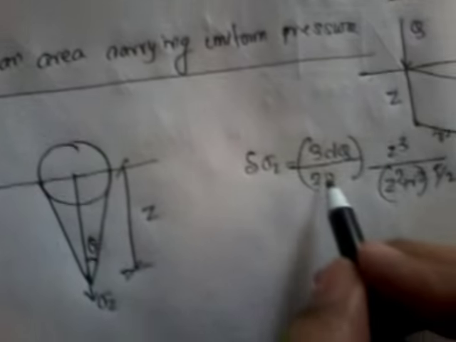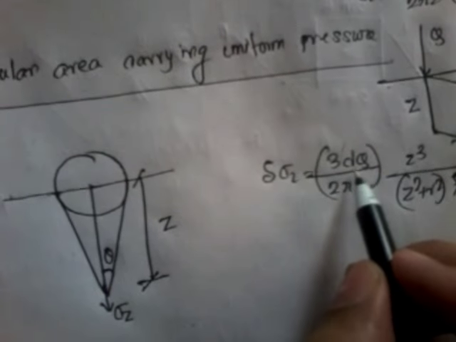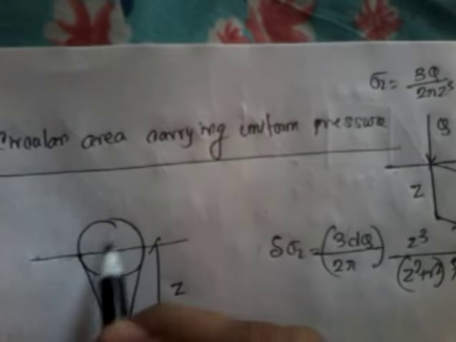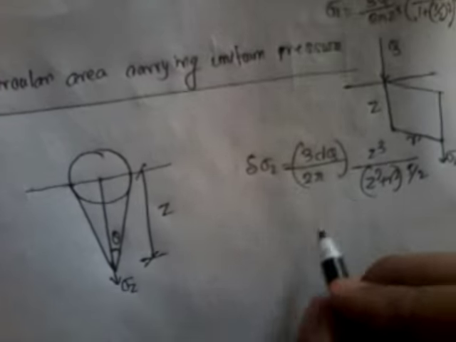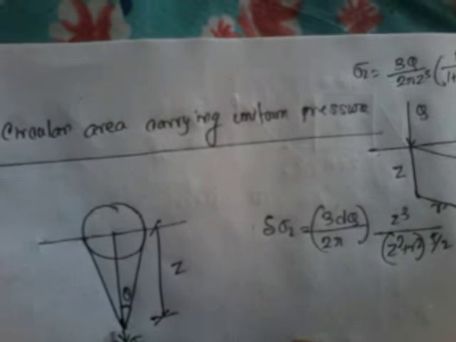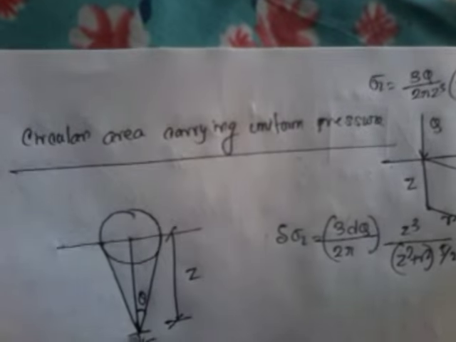So this is the equation. This is for a small load, and now there is a uniform distribution of the load, and we are measuring what will be the stress intensity, what will be the pressure.